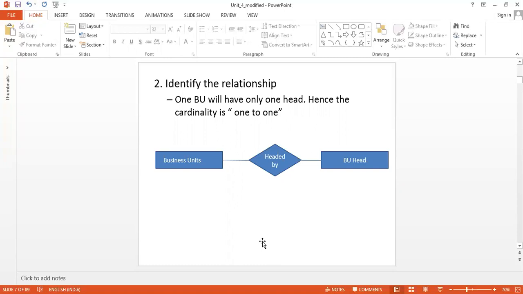Any one business unit is going to have only one business head. It can't have more than one business unit head. That is like saying every department at the college will have only one head of the department. It cannot have more than one head of department. So here the cardinality ratio will be 1:1.